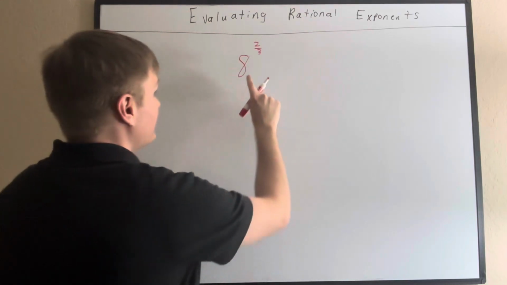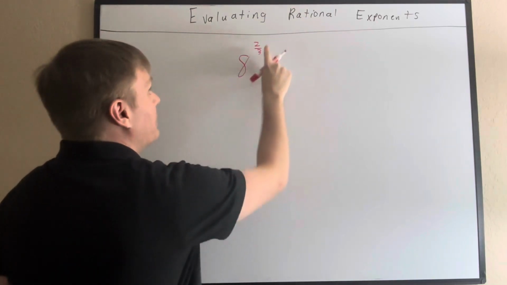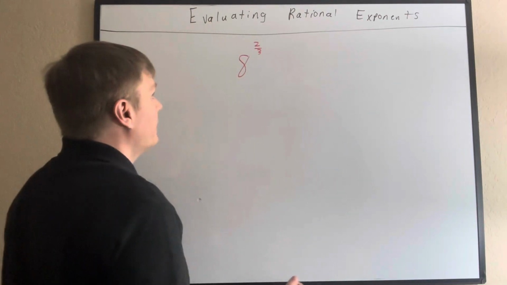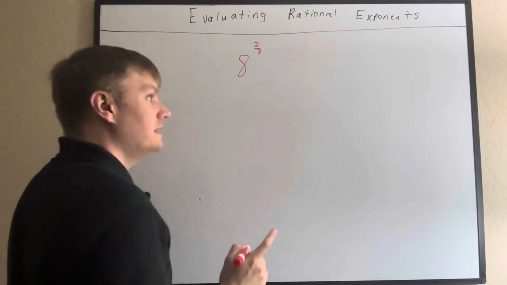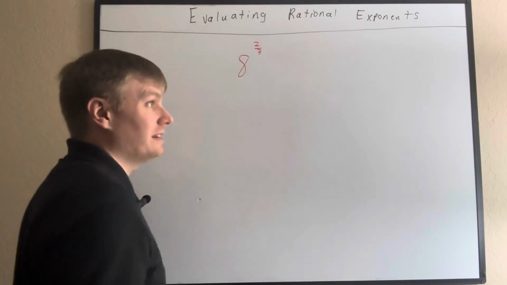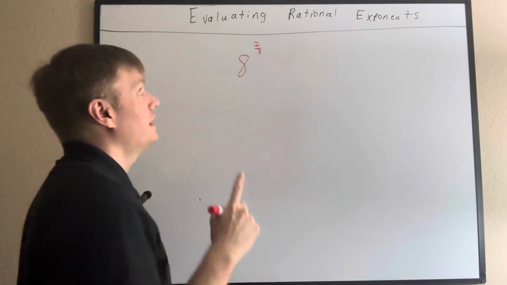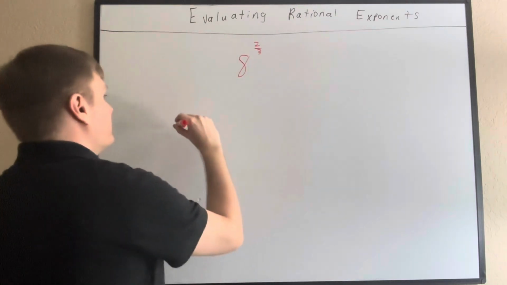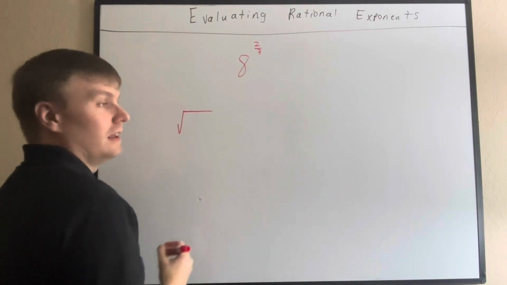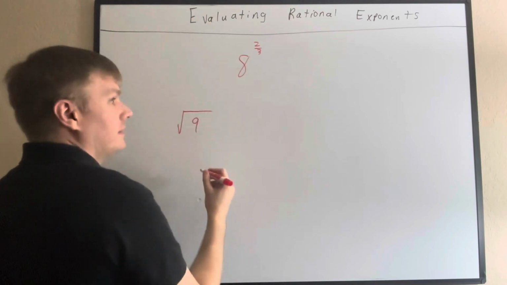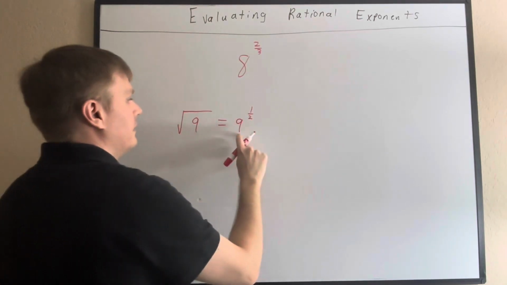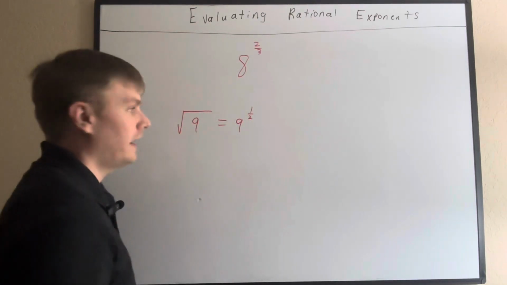So what if we had 8 to the power of 2/3? Well, would it be crazy for me to tell you that we've actually been dealing with a particular rational exponent this whole time? It's called the square root. Square root of anything is the same as that thing raised to the power of 1/2.